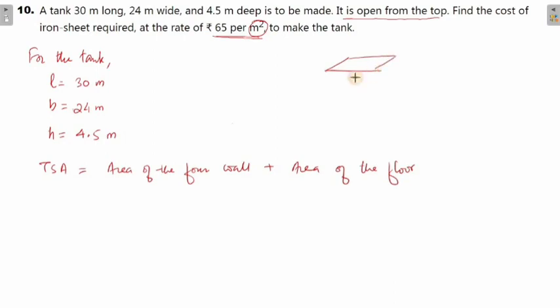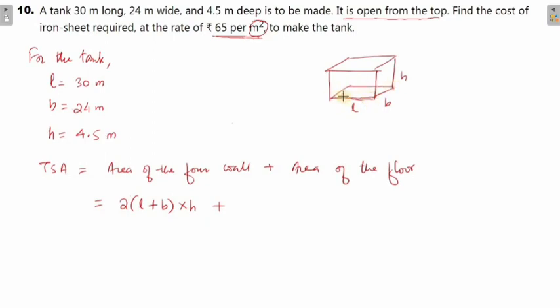So if this is a diagram for you, all of you are quite aware that you call this L, you call this B, and you call this H. Okay, now all of you know that area of the four walls is 2 into L plus B into H. Now the floor will be in rectangular shape, all of you know.